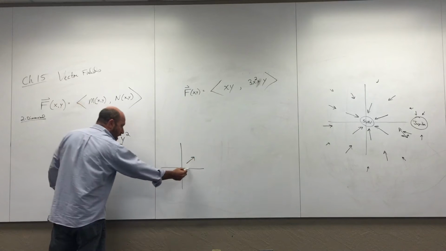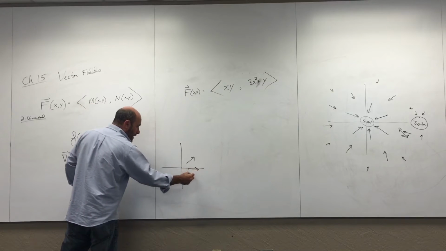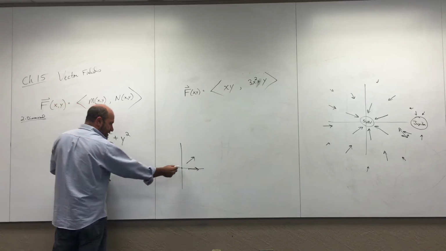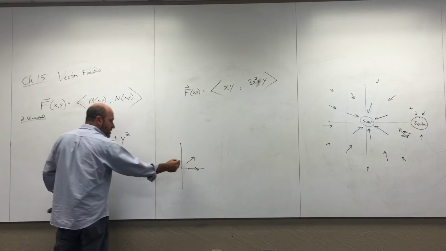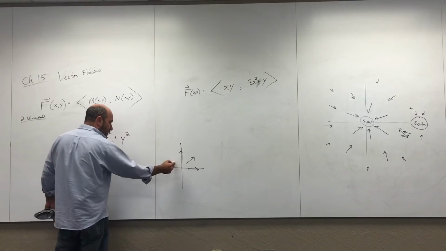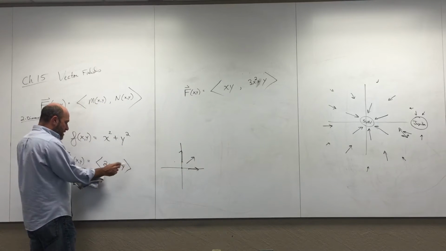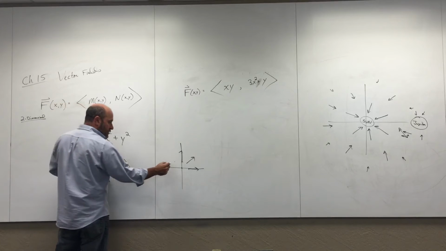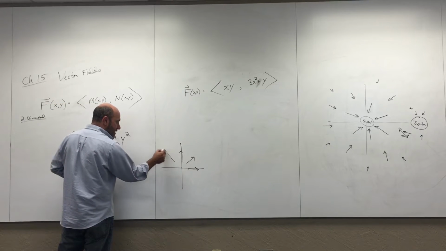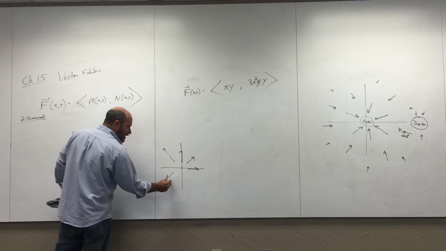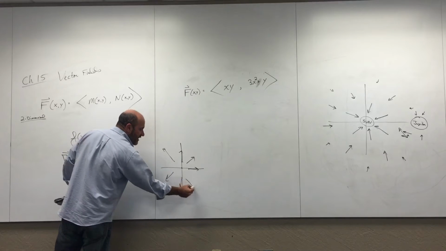At the point 1, 0, it's 2, 0. At the point 0, 1, it's 0, 2. That's interesting. At the point negative 1, 1, it's negative 2, 2. Wow, this is kind of interesting. There is some symmetry sometimes to these vector fields.